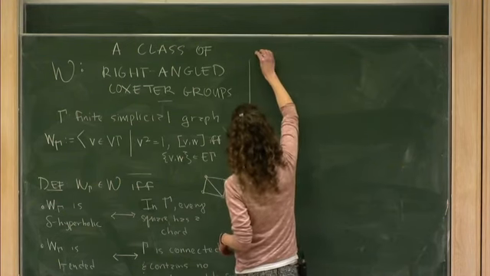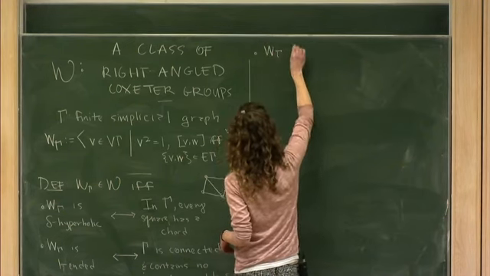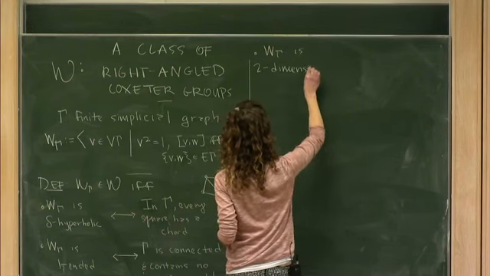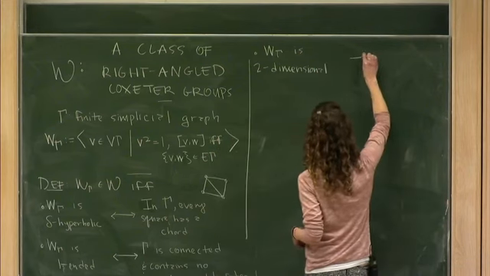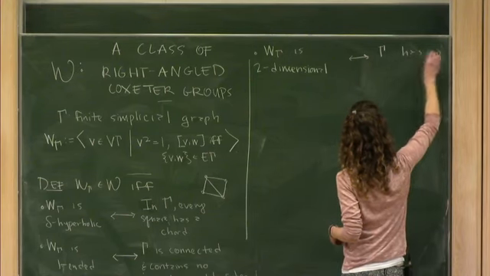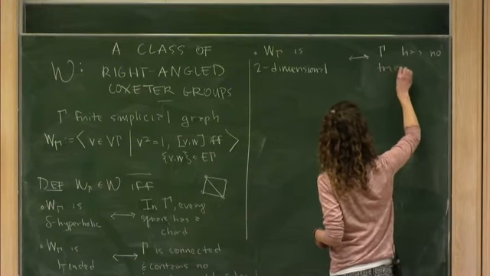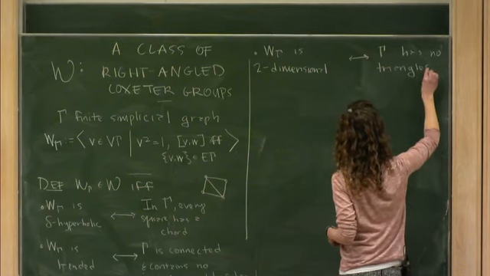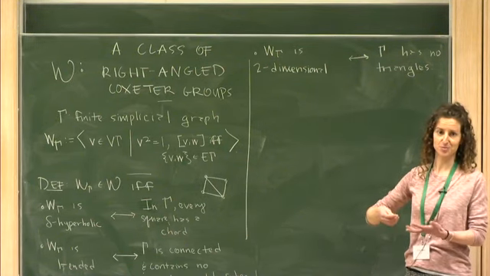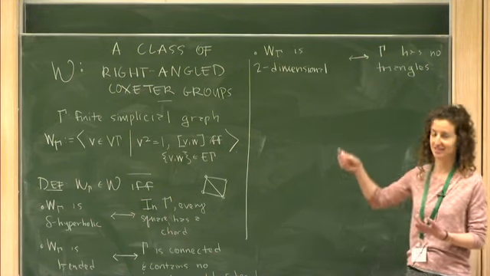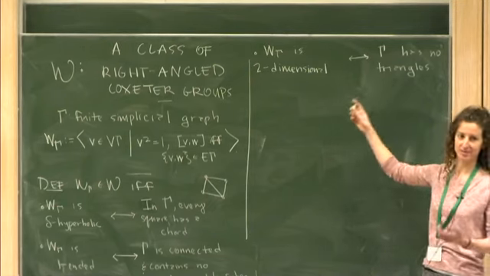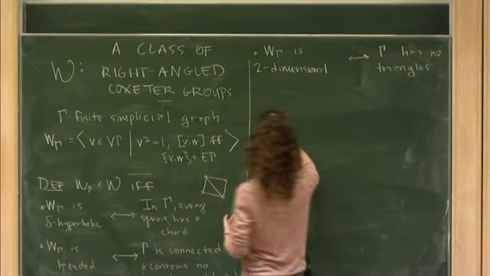We assume that the group W gamma is two-dimensional, meaning that the graph has no triangles. Every right-angled Coxeter group acts on the Davis complex for the group, which is a CAT(0) cube complex. And if the graph has no triangles, then the Davis complex is a square complex. That's what we mean by two-dimensional.